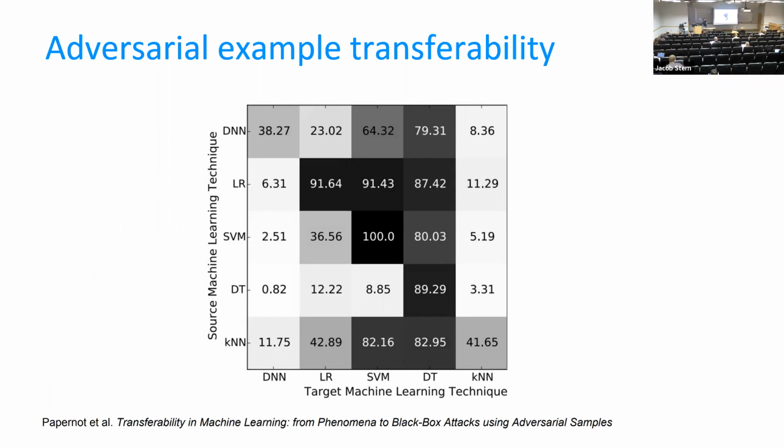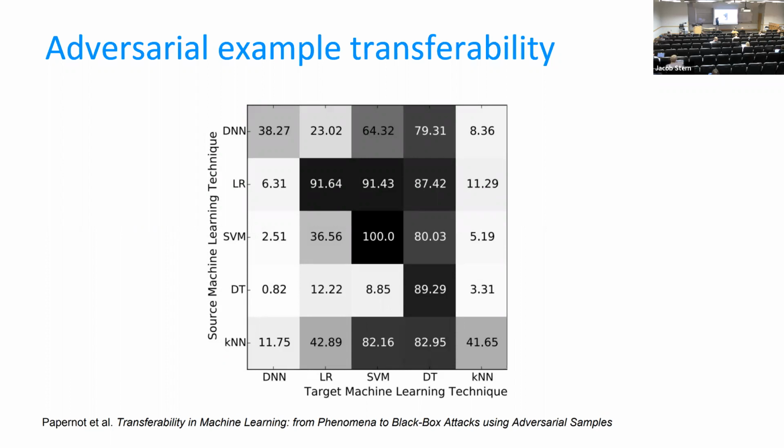There are ways to defend against this adversarial perturbation approach, but this is a kind of surprising result that these adversarial perturbations are more robust than you might expect. So what we have in this figure is on the y-axis the source of the perturbation, and on the x-axis what we're trying to fool.